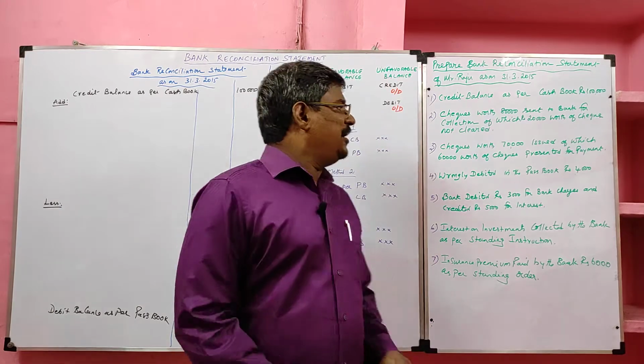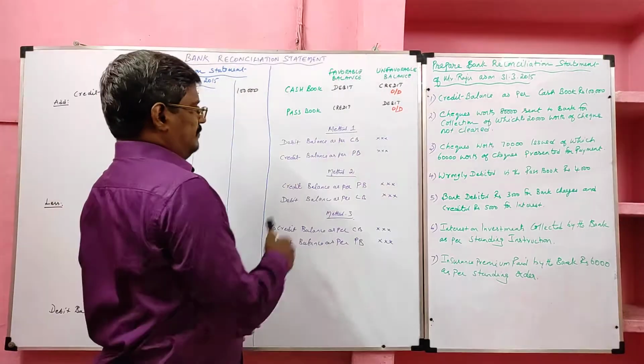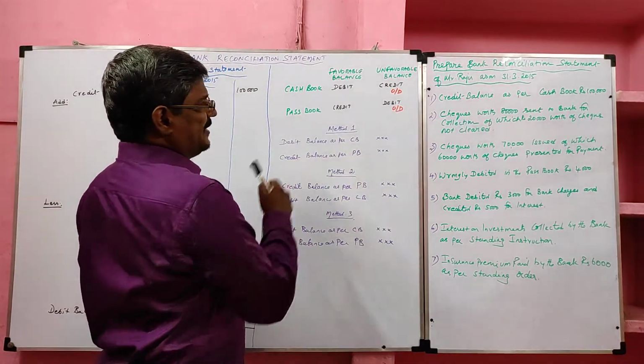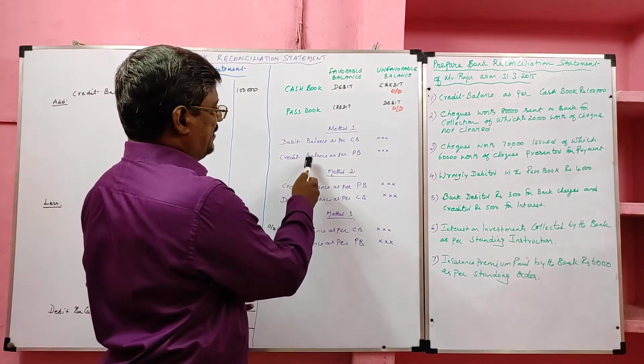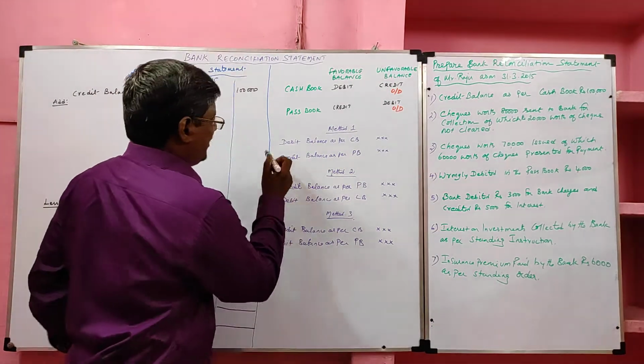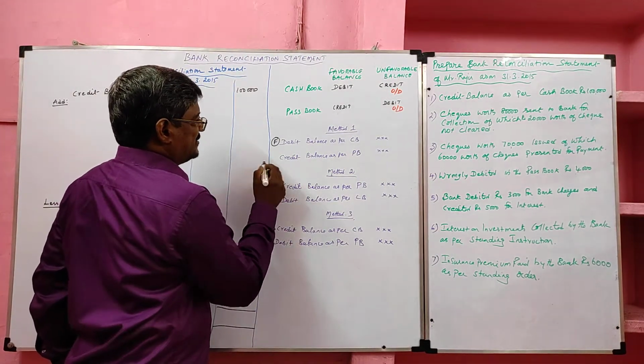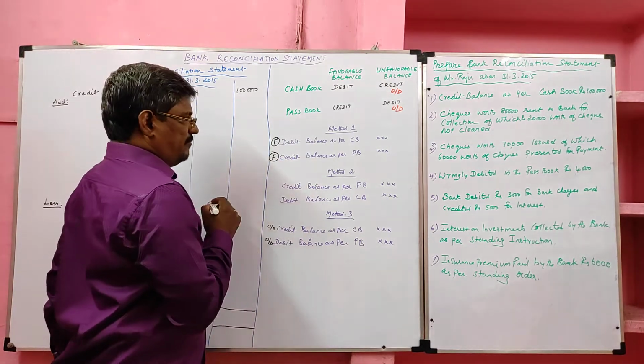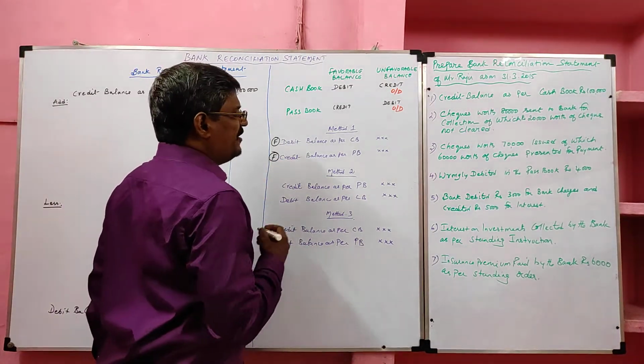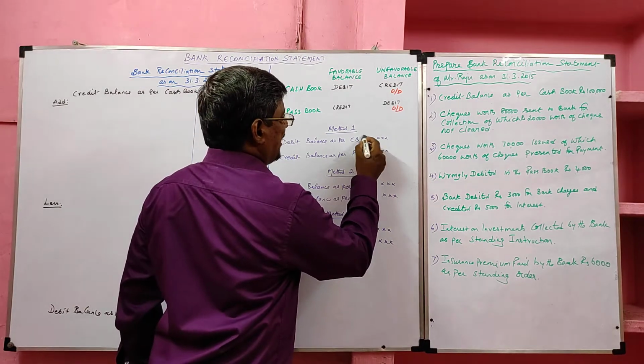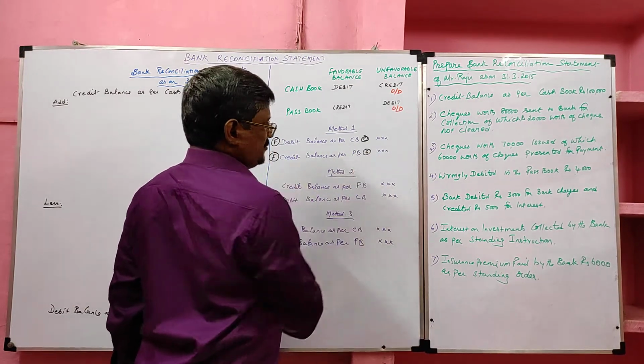In the first two methods, in method 1, debit balance as per cash book is given, and we ascertained credit balance as per passbook. The starting point is favorable balance, ending point also favorable balance. What we did, we gave opposite effect to the cash book, same effect to the passbook.